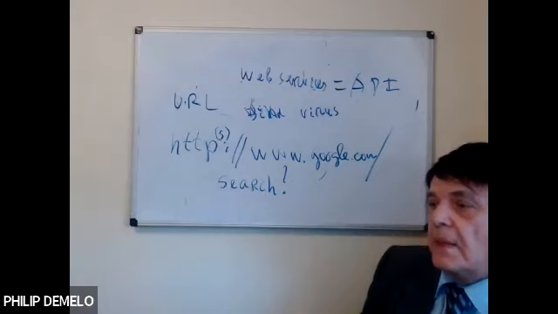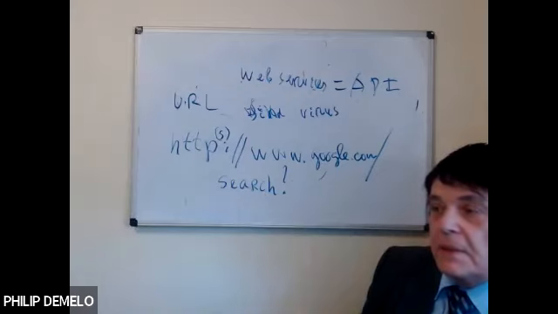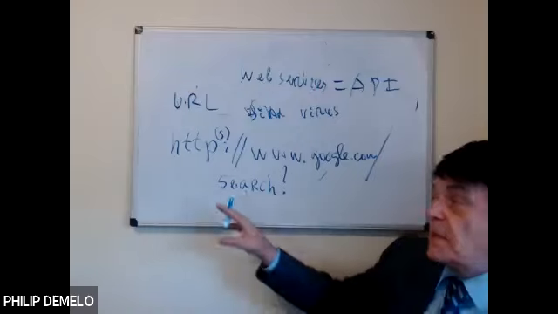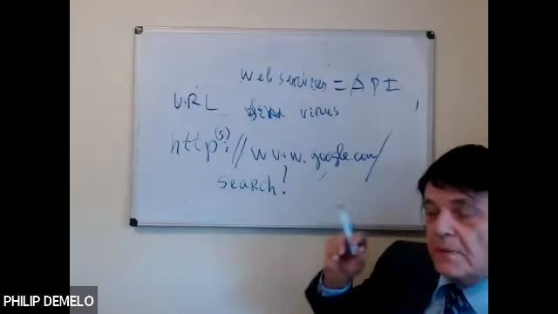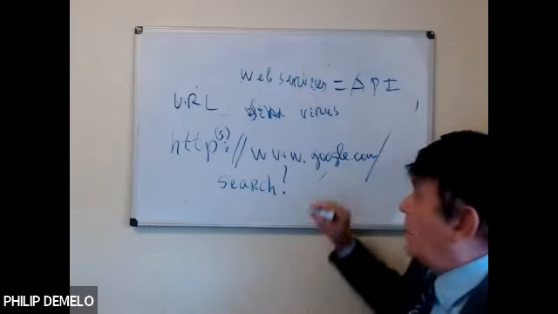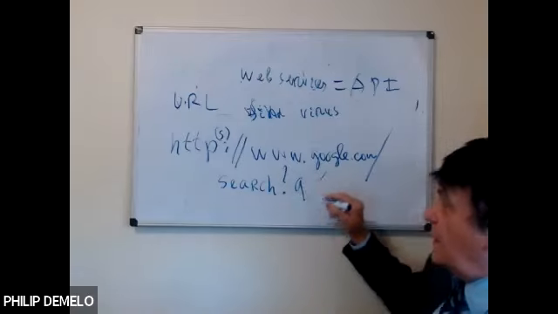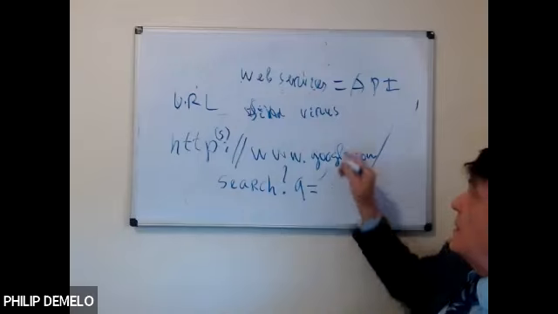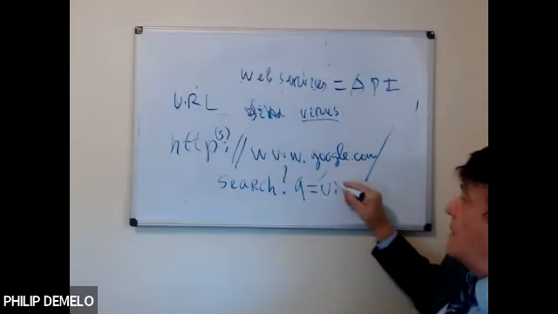But it's not complete, because I have to give a parameter. We call this a parameter in the URL. It tells what this search will actually do. We have to put here q, which is query, equals my word. It is virus, this one.